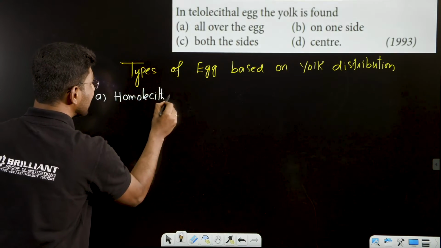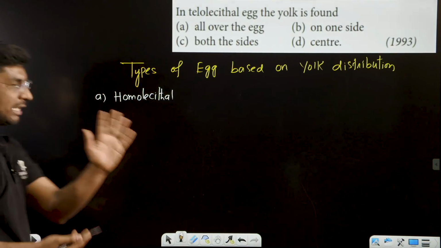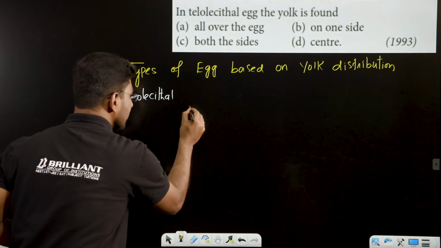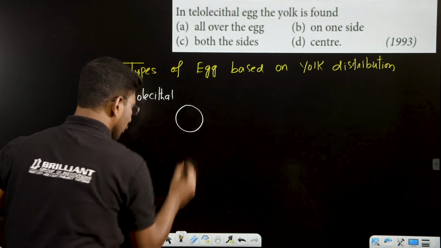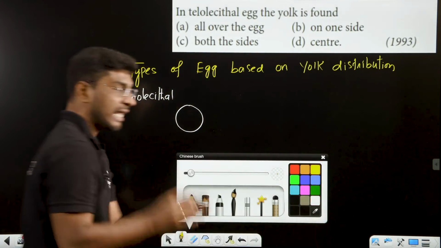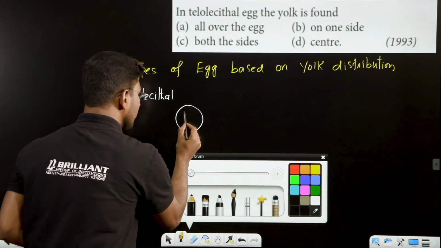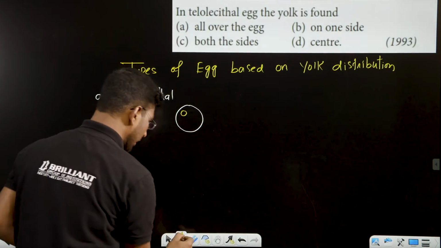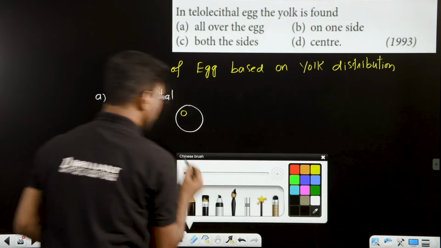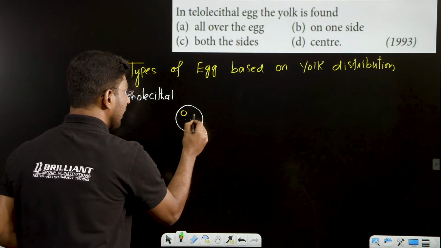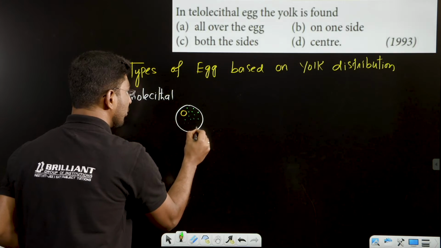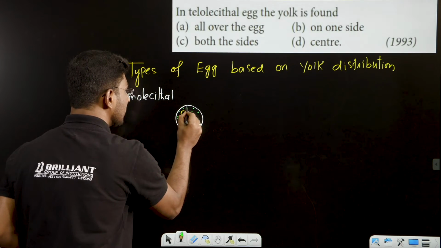What exactly is the meaning of this homolecithal egg? If you take this egg, the yolk content is equally distributed all over the egg. So this is cytoplasm, this is nucleus, and I'm representing the yolk with this green color. The yolk is equally distributed all over the egg.